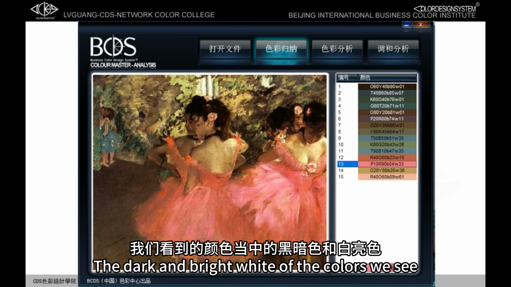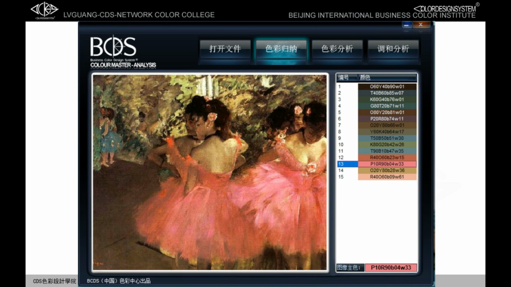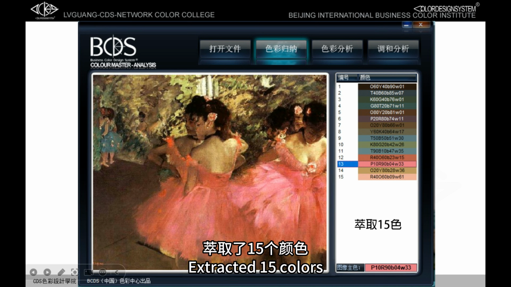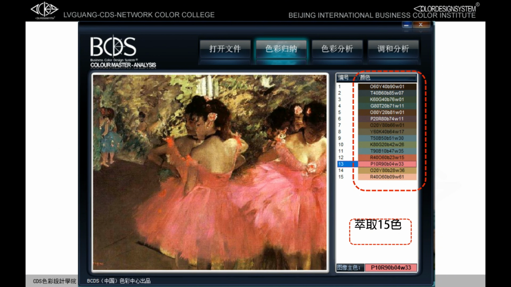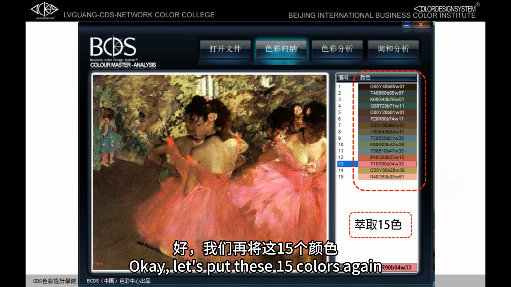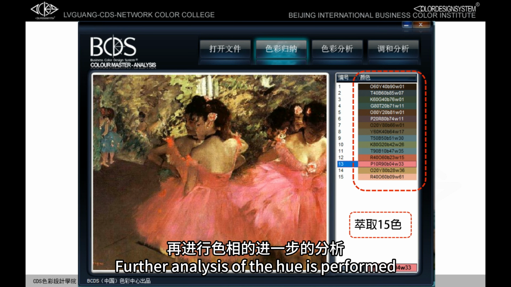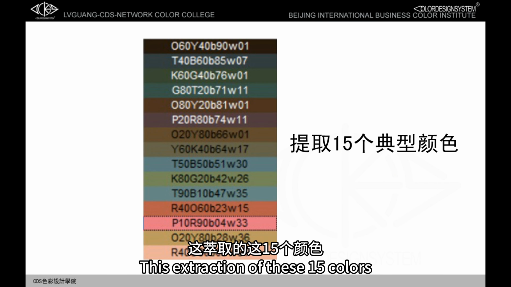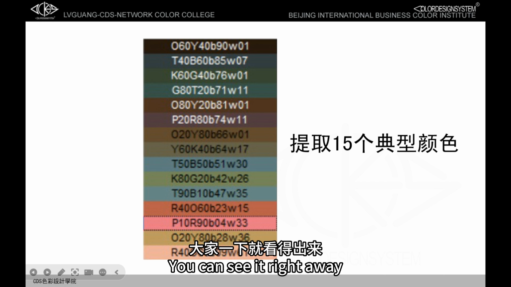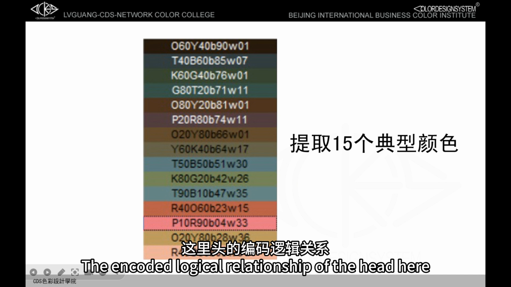Then it's on it, the dark and bright white of the colors we see. Extracted 15 colors. Okay, let's take these 15 colors and further analyze the hue. From this extraction of these 15 colors, you can see right away the encoded logical relationship of the head here.